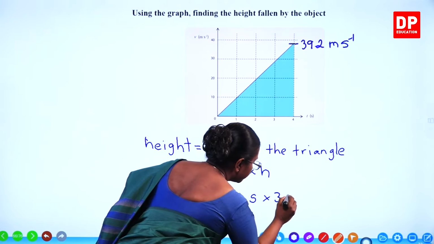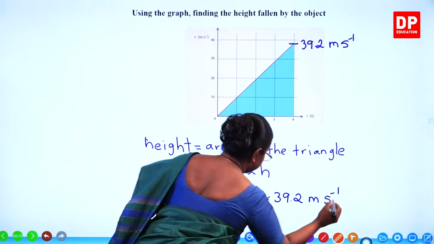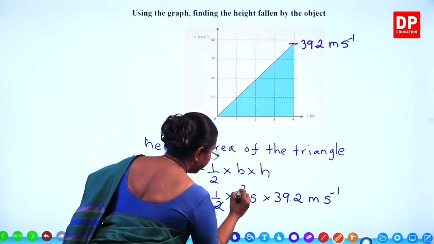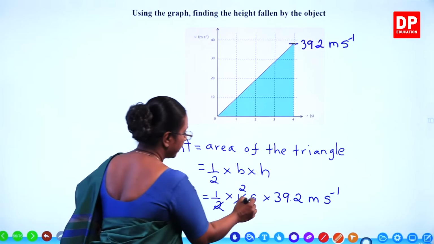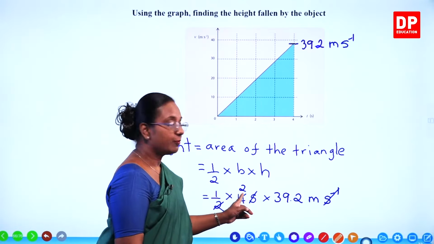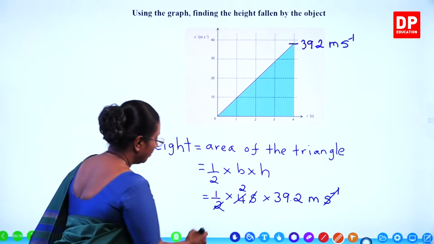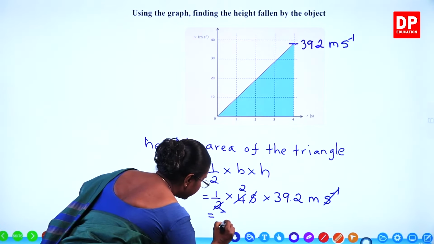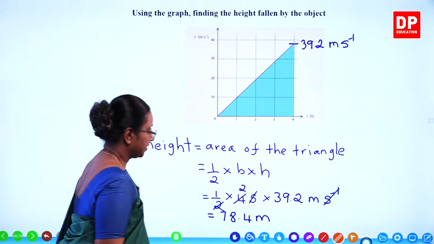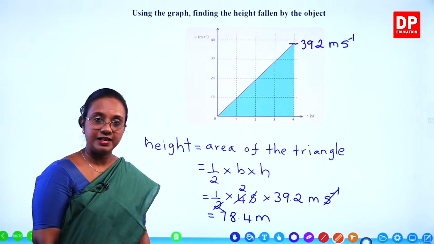If we substitute that value here, you can see half and 4, you can simplify that, and the second and per second get cancelled off. So if you multiply 2 into 39.2, we get the value as 78.4 meters. This is the height from which the object fell down.